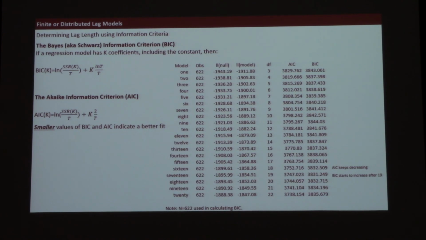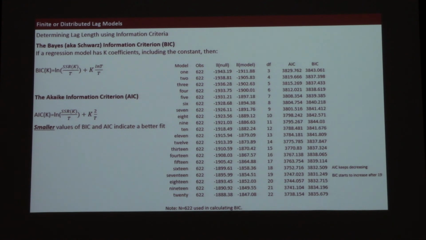So it looks like the Akaike one just keeps decreasing. The Bayesian starts to increase after about the 19th. The Bayesian tends to be the more accurate one. It'll usually pick the model with the fewest lags. So we're going to go with something around 19 lags.